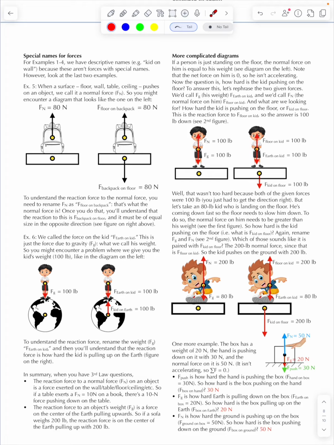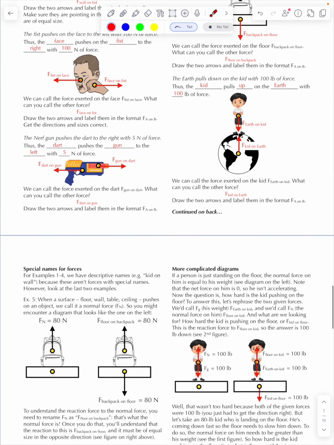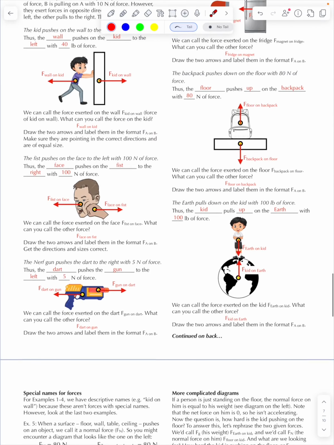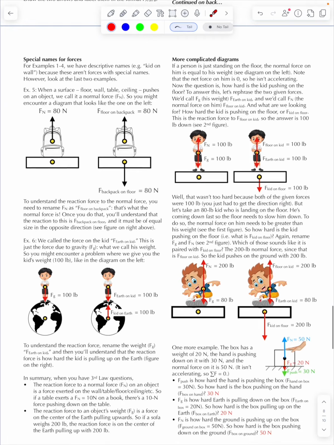Well, that's me asking how hard is the floor pushing up on the backpack. If I told you the normal force on the backpack is 80 newtons, and I said, how hard is the backpack pushing on the floor? Well, that normal force is describing how hard the floor is pushing on the backpack, so therefore the backpack must be pushing on the floor with 80 newtons.